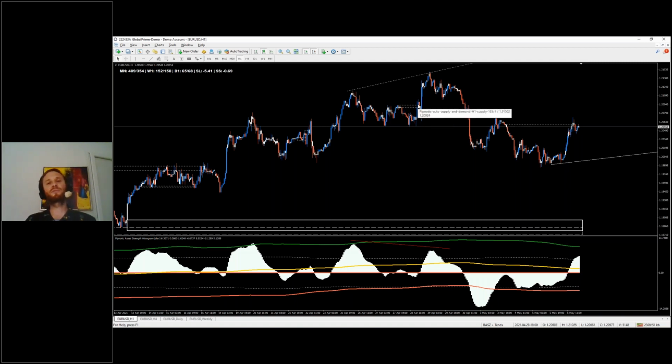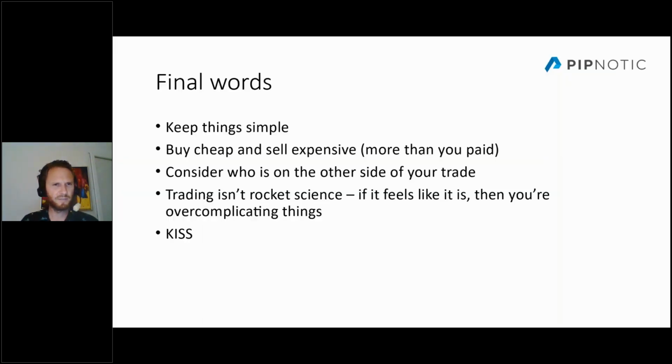So before you get into a trade, ask yourself the question: who would I be buying from or selling to? If you ask this question, it forces you to stop even for a moment and consider it, and this will put you in a better headspace to make further decisions. Again, trading isn't rocket science. It really isn't, and if it feels like it is, then you're probably overcomplicating it by using way too many technical indicators.